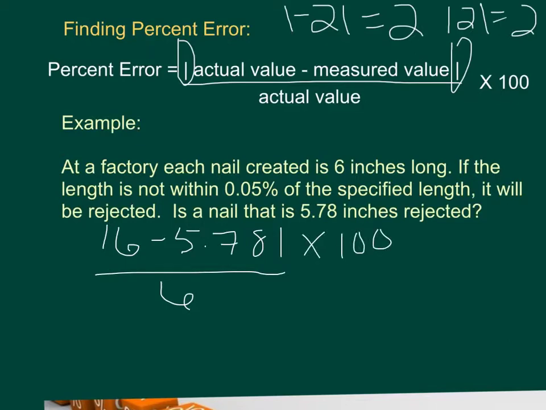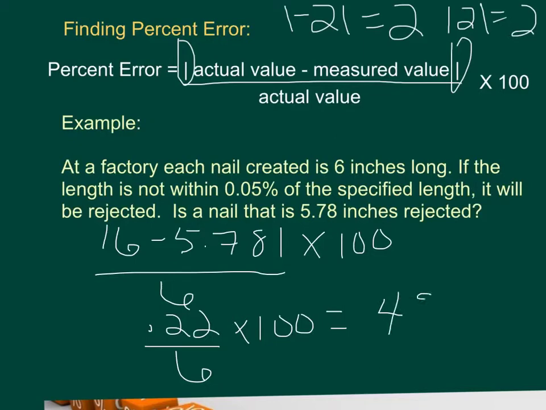When I take the absolute value of 6 minus 5 7/8, I get the absolute value of 22 hundredths, which is simply just 22 hundredths. So I get 22 hundredths divided by 6 times 100. 22 hundredths divided by 6 is approximately 4 hundredths. 4 hundredths multiplied by 100 is 4.